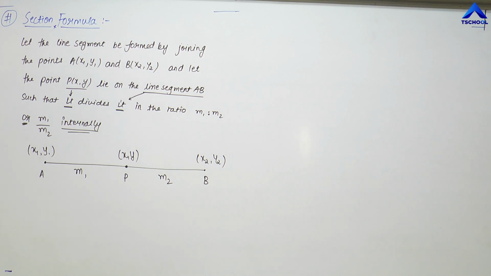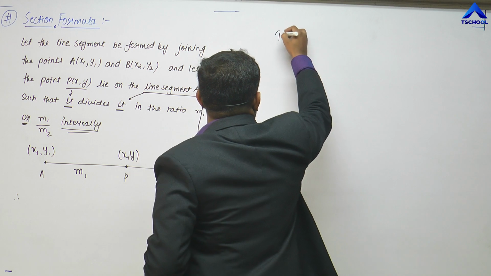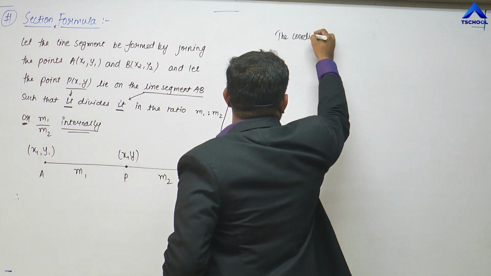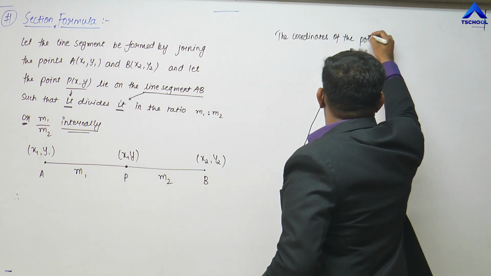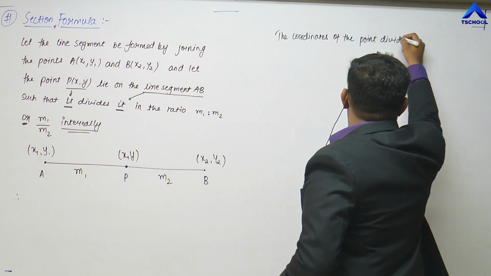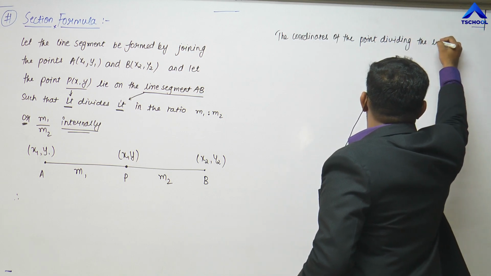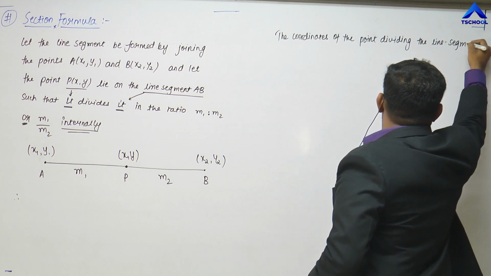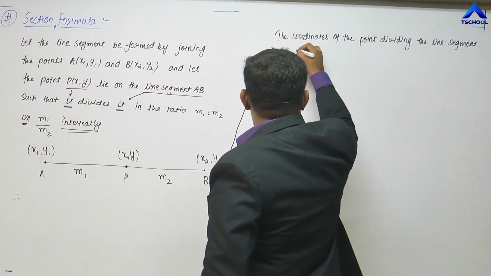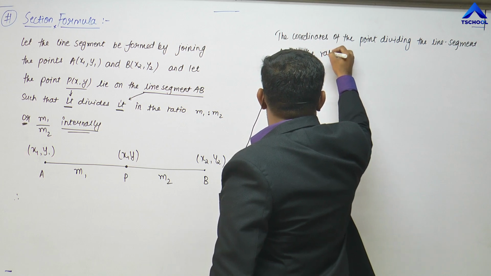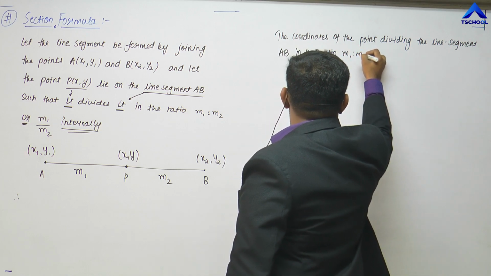Now going directly to the formula, therefore the coordinates of the point dividing the line segment AB in the ratio m1 is to m2.